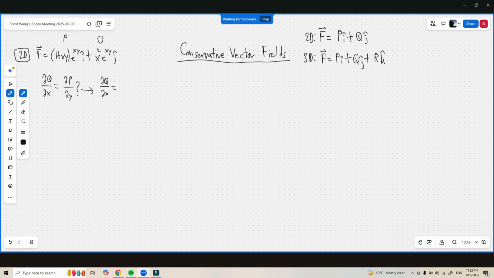I'm going to label my P and Q here. dQ/dx is 2x e to the xy plus x squared y e to the xy. dP/dy is equal to x e to the xy plus (1 plus xy) times x e to the xy, which is equal to 2x e to the xy plus x squared y e to the xy. dQ/dx is equal to dP/dy, so this vector field is conservative.